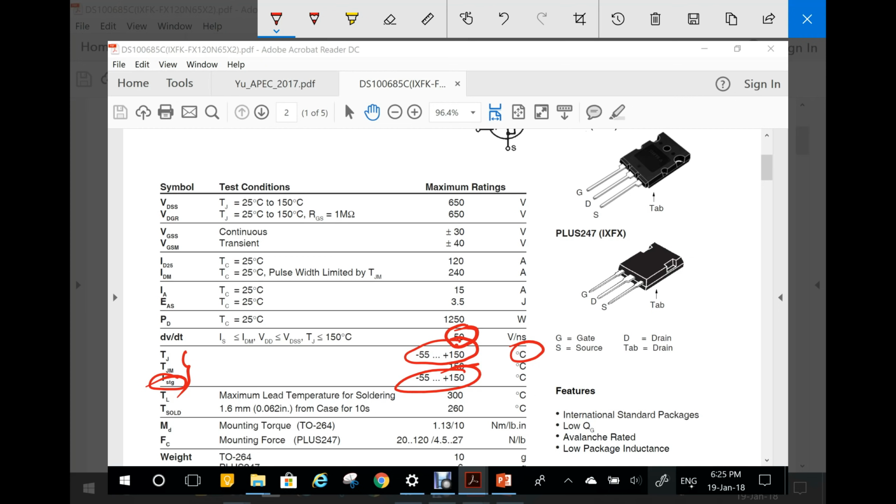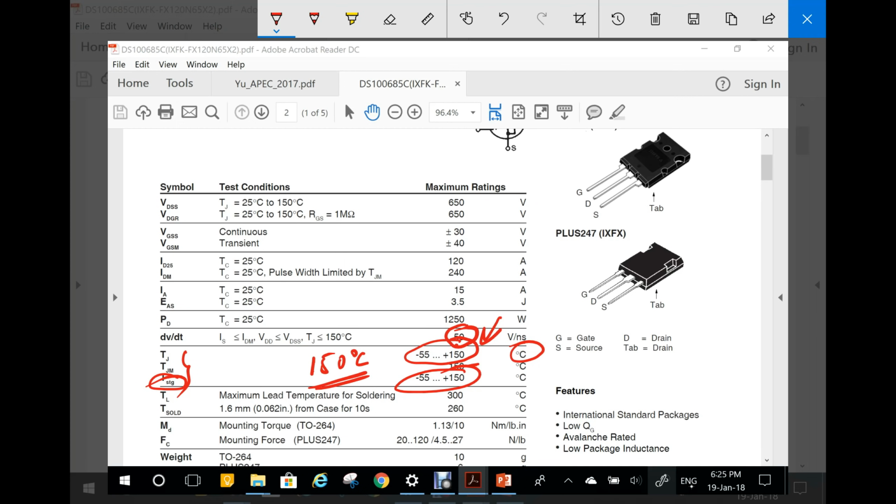This is, by the way, not necessarily so. There are some devices that would have an operating temperature, say, till 120 and storage 150. But this is just information that is very, very important, because thermal issues depend on this. And you have to be very careful not to approach 150 degrees. That's very dangerous, because that's a breakdown.